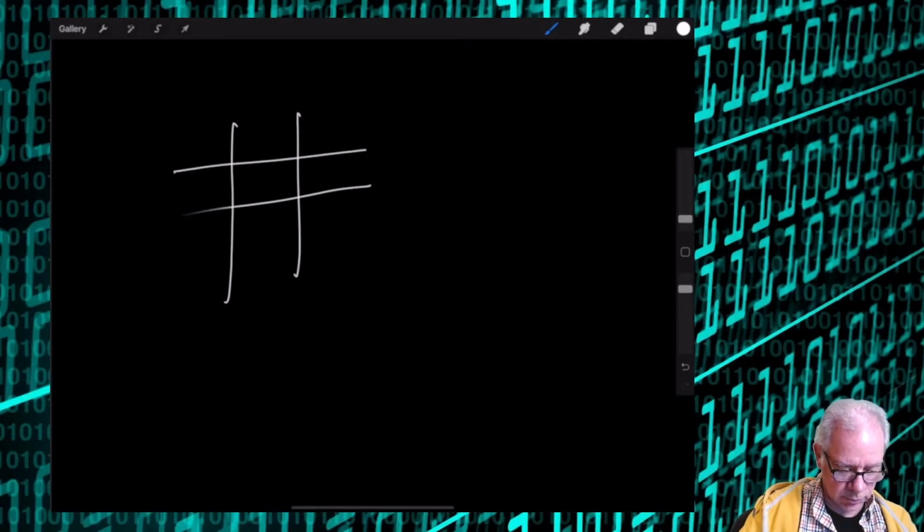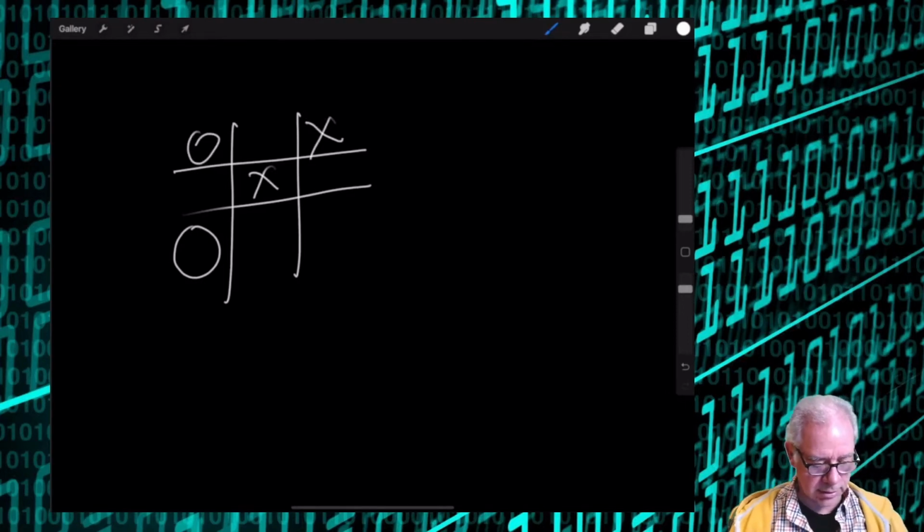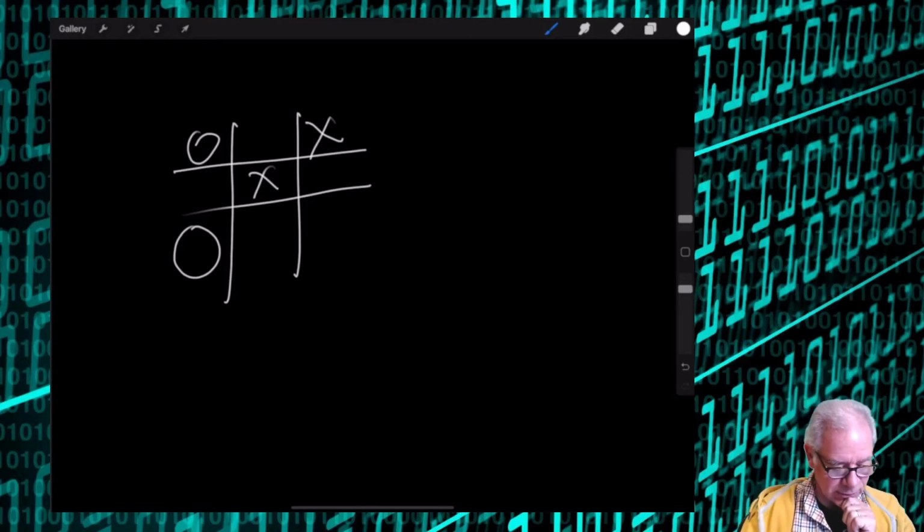Let's see. What I want to say is, let's say we want the last square to be something here. So maybe we have something like that, where the first move is in the center, and there could be a lot of possible moves, but we want to make sure that X tries to go here.